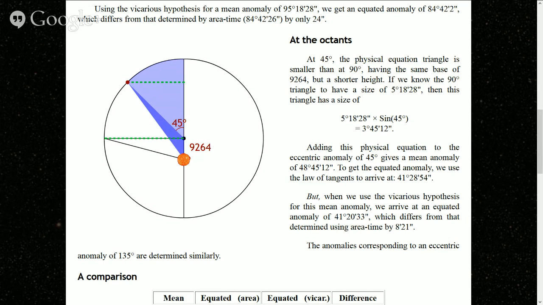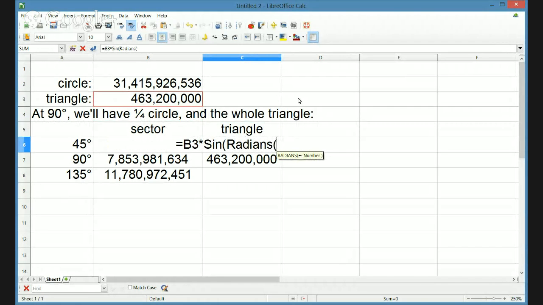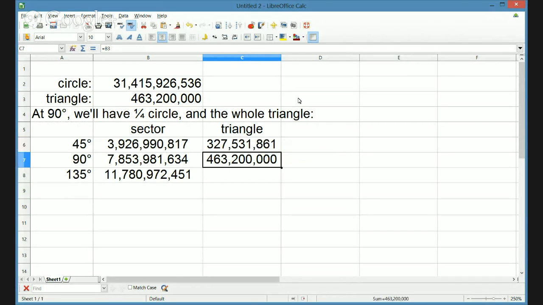So let's go ahead and do that for our calculation. Let me switch over to that now. We're going to take the whole triangle times the sine of... sorry, you have to type this into it instead of just typing 45 directly. So that's the amount of the triangle at 45 degrees.